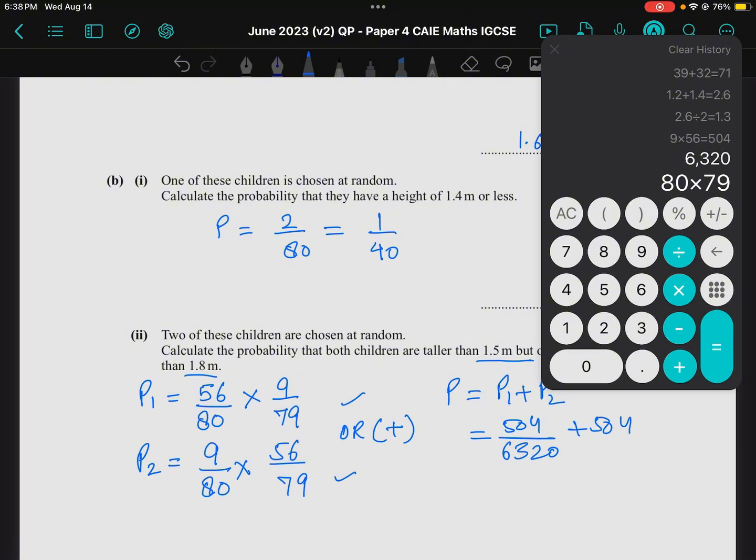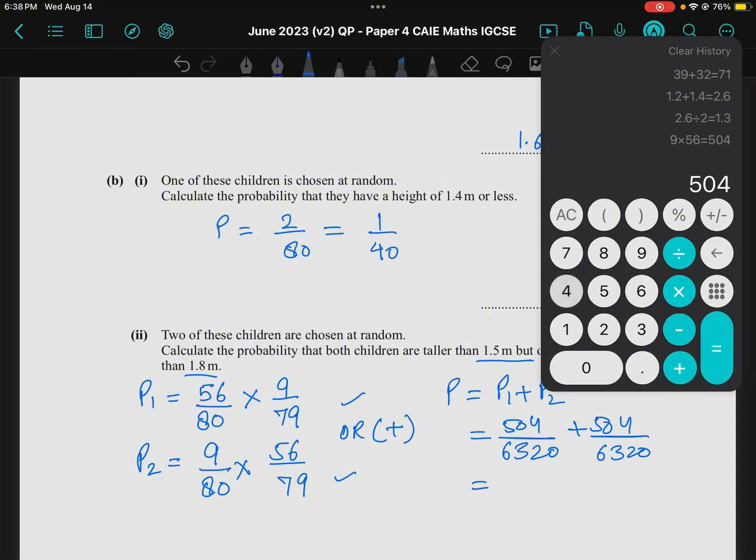So that means 504 over 6320. So you will multiply this by 2, 504 plus 504 is equal to 1008 divided by 6320.